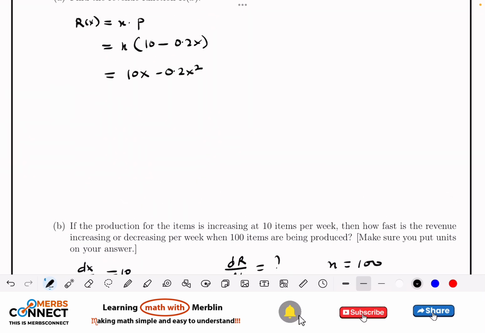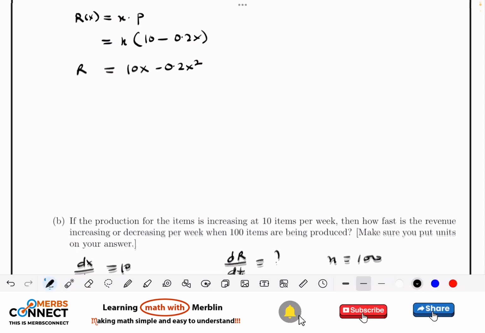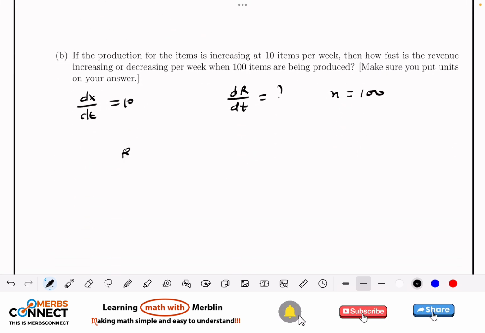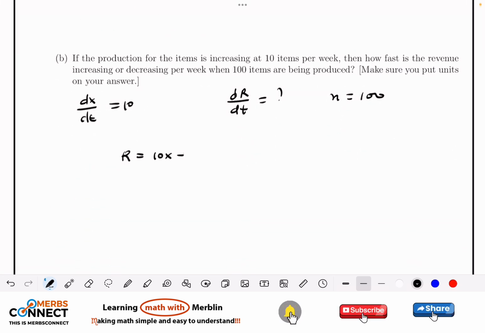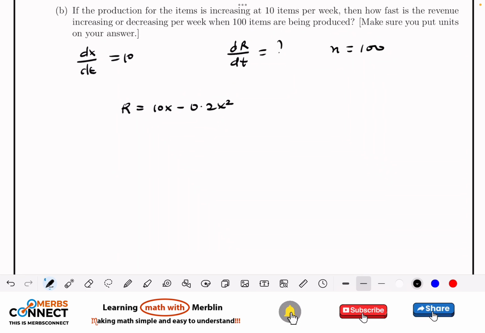So we need to pick this revenue function and differentiate. Revenue is equal to 10x minus 0.2x squared. So what is dR over dt? When I differentiate 10x, I get 10 dx over dt, because this is with respect to t.